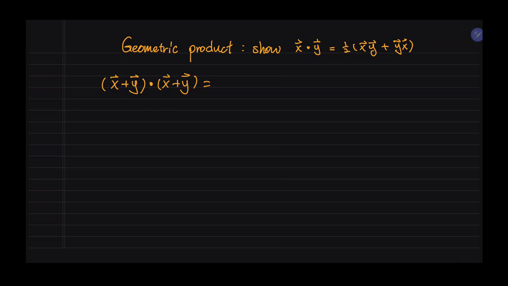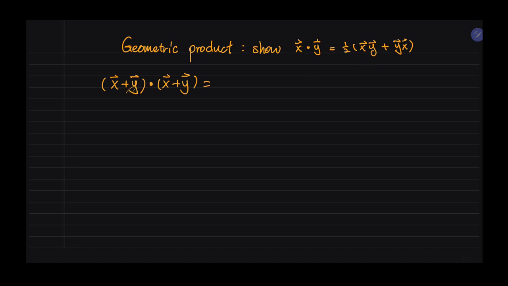In this slide, we want to show that the relation between the dot product and the geometric product can be given in this equation, so that a dot product from a vector to a vector can be expressed as 1.5 in parentheses, a geometric product from x to y plus from y to x. So let's try to derive this relation.